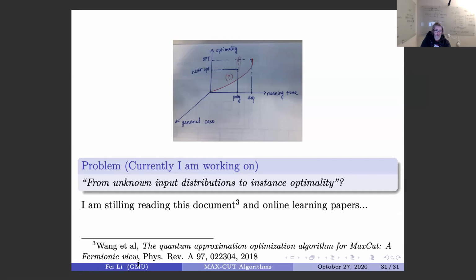My guess would be that they're using some sort of fermionic Hamiltonian in the QAOA procedure, but I don't know what the fermionic view would possibly indicate.